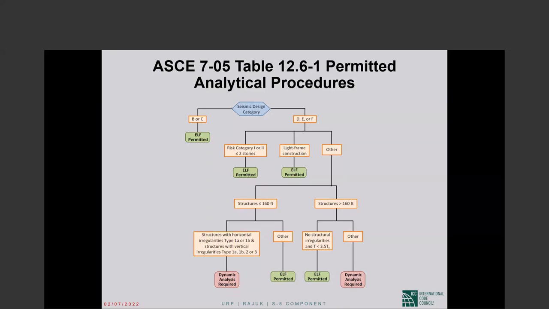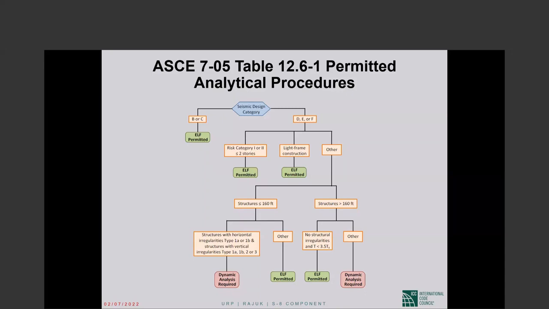And if your structure that is no taller than 160 feet has any of those bad irregularities, then dynamic analysis would be required. What are the bad irregularities? Horizontal type 1A and 1B, torsional and extreme torsional. Structures with the vertical 1A, 1B, that is soft story and extreme soft story. 2 and 3, I don't remember without checking.